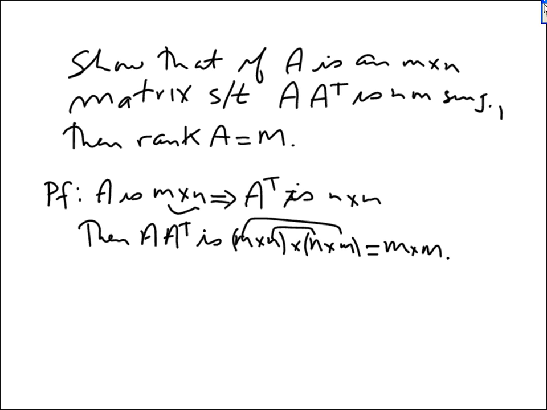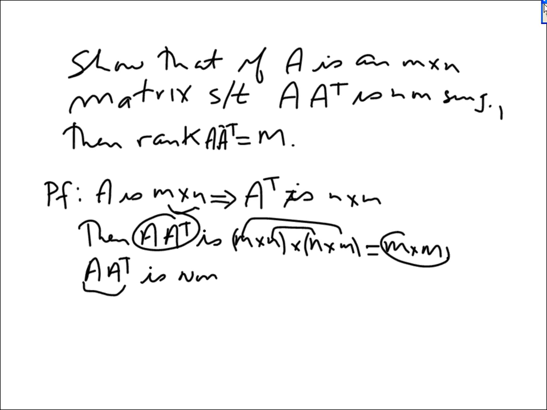Okay. Yeah, I guess this is a little typo. This should be A times A transpose. A times A transpose is one matrix. You multiply two matrices, you get a matrix. If A is an m by n matrix, A transpose is n by m.